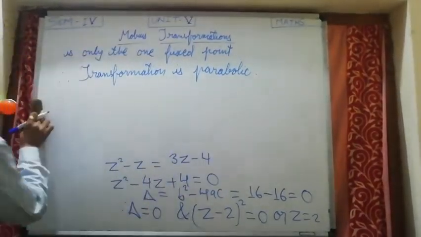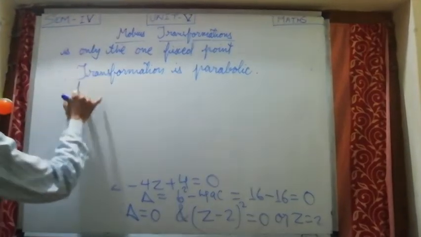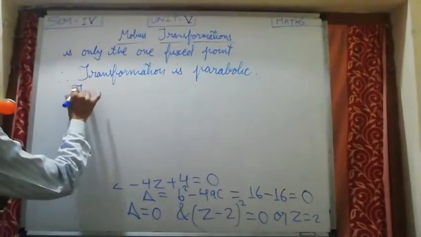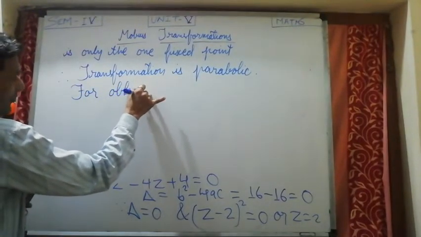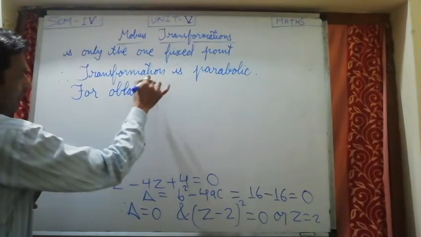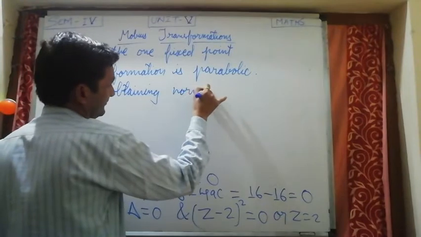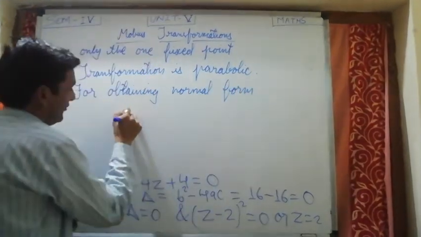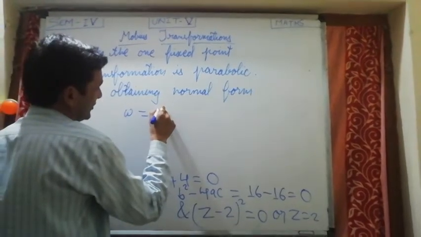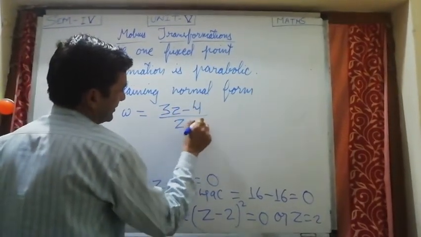Now, for obtaining the normal form, first of all we will have to write that equation. w = (3z - 4)/(z - 1).